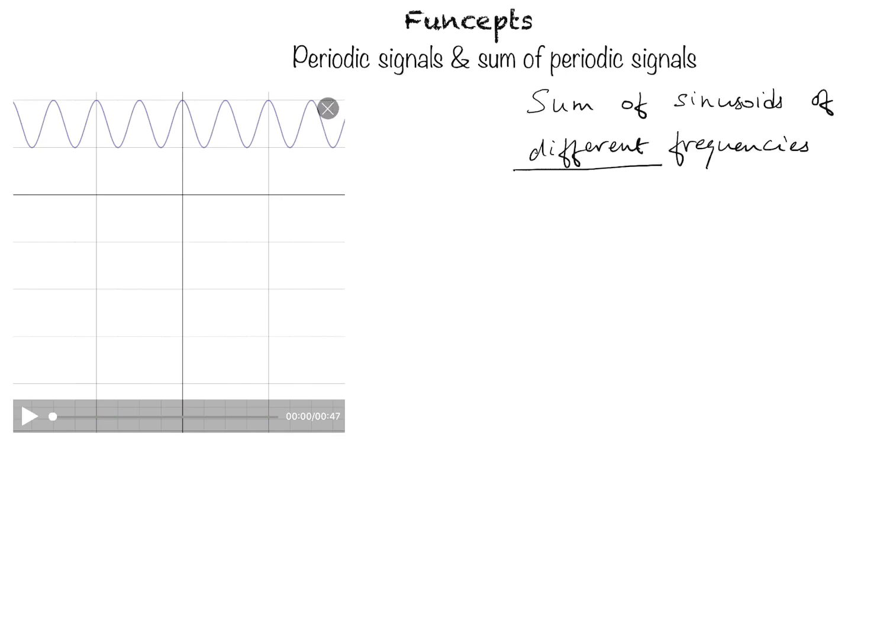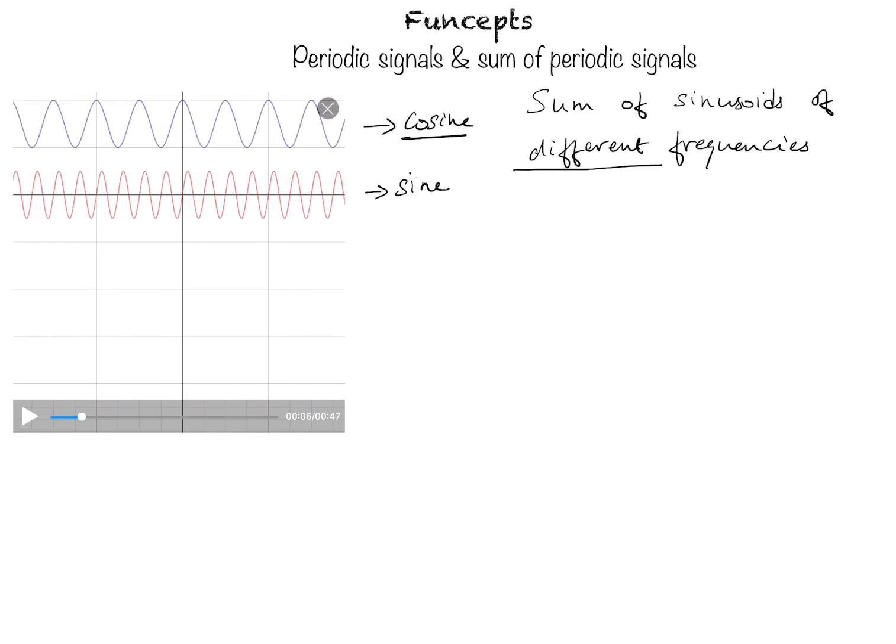The first one here, as you can see, is a cosine waveform, and this is a sine waveform. But if you notice the time period of these waveforms, the sine waveform has 2 cycles in the same time interval that the cosine has 1 cycle.